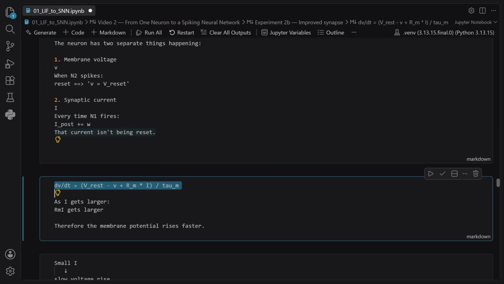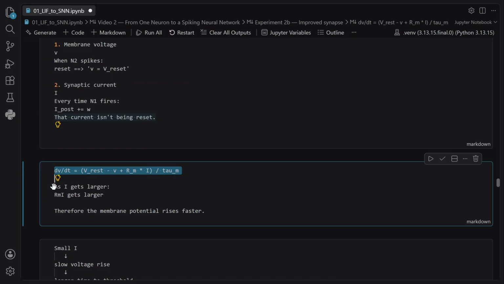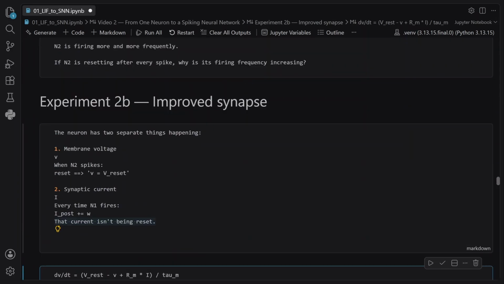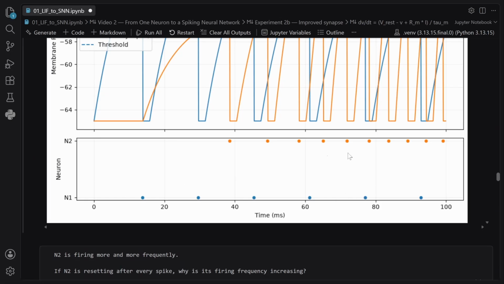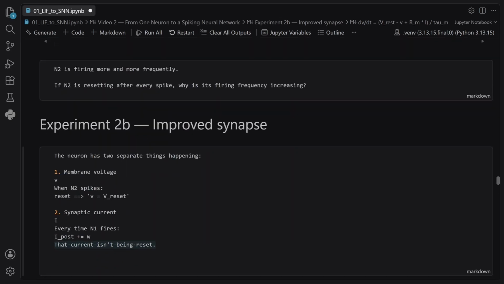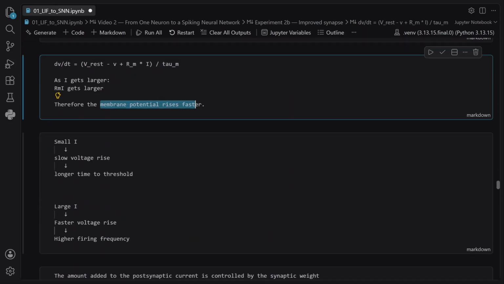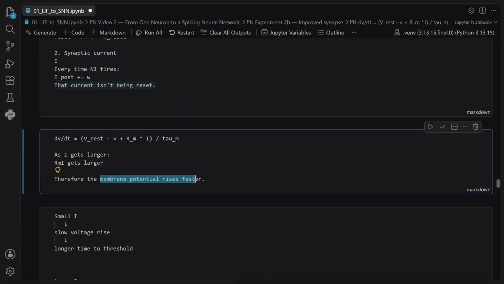So this is our original equation. As I, the input term, gets larger, membrane potential rises faster. Hence the increase in firing frequency of N2. Small I, slow voltage rise, longer time to threshold. Large I, faster voltage rise, higher firing frequency.